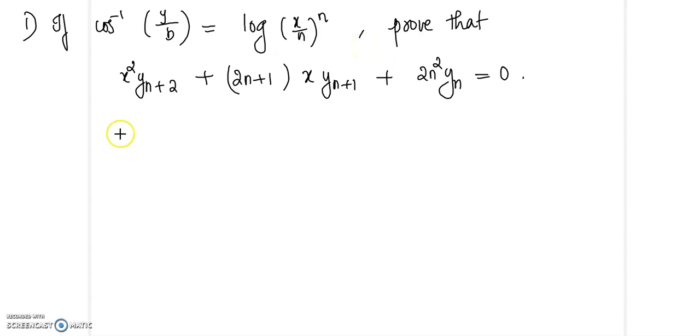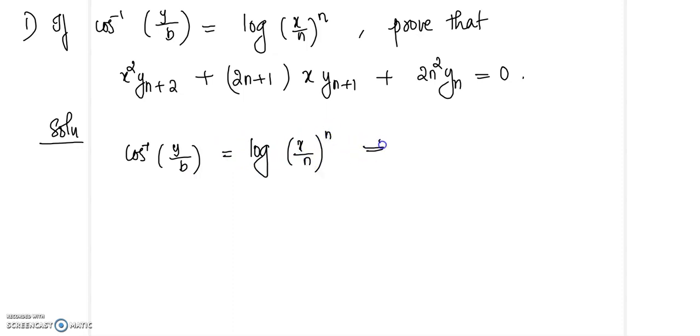Okay, so let us start with the equation cos inverse of y by b equal to (log x by n) whole power n. Now the power n will come out in front, so that will be cos inverse of y by b equal to n log of (x by n), which we can write as log x minus log n.